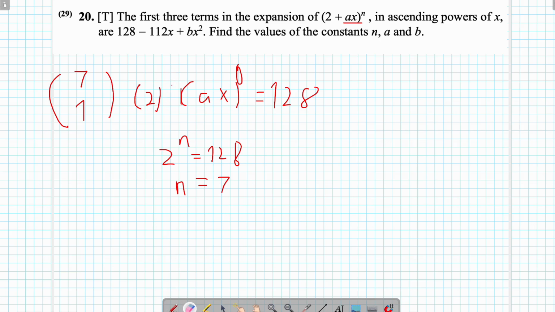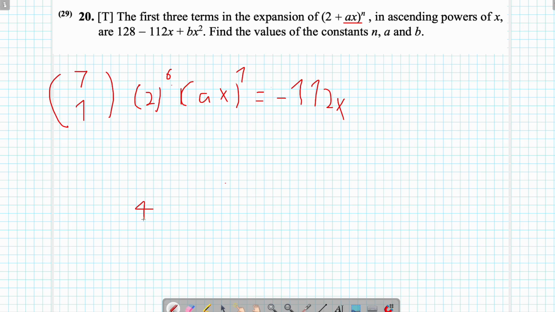So 7C1 times 2 to the 6 times ax is equal to negative 112x. 7 times 2 to the 6 is 448, so 448ax is equal to negative 112x.